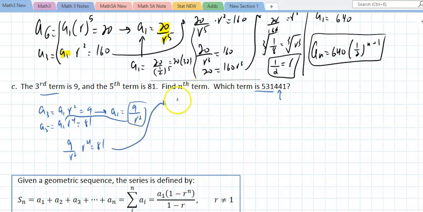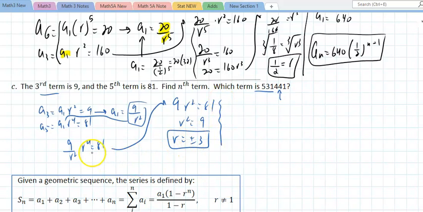That would be 9 times r squared equal 81. r squared equals 9. r equals plus or minus 3. So the general term would be, oh, and a sub 1 would be 9 over 9, which is 1.